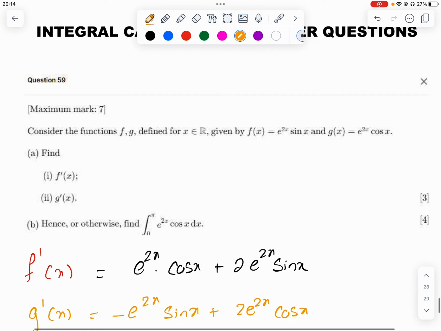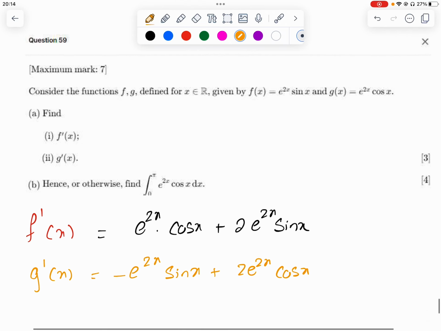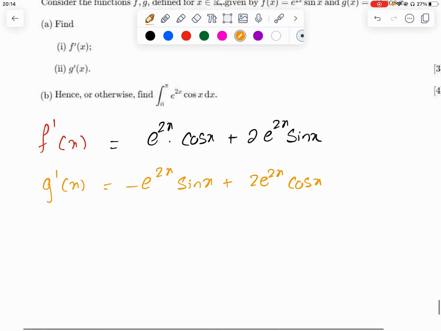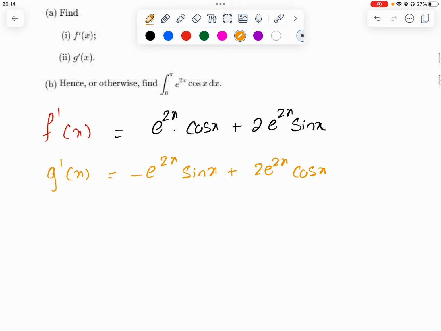Hence or otherwise, find the integral of e power 2x cos x. So I want to get e power 2x cos x out. How can I get e power 2x cos x?